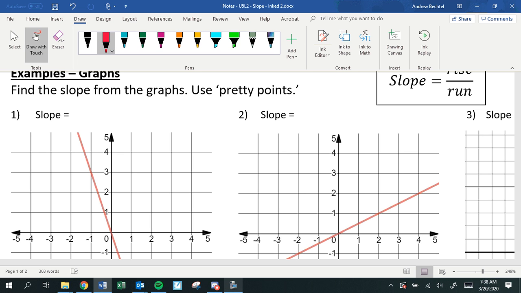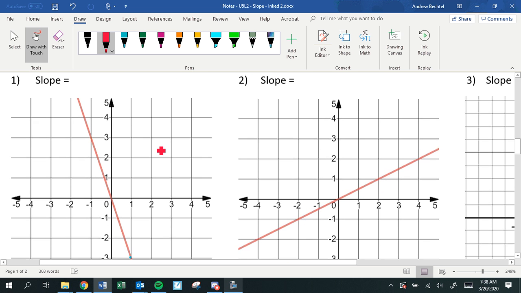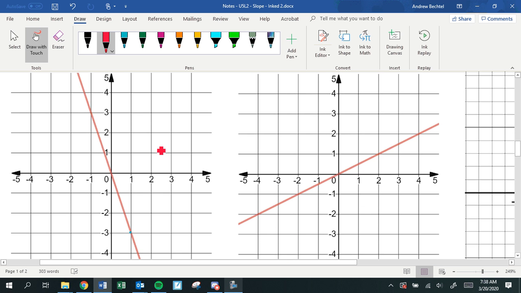We need to use pretty points to find our slope here. So pretty points are just points that are at the corner of a box. Right here in the middle, we see a pretty point right here. It is at the corner of a box. It has 2 lines going through it. All we mean by pretty is that it has a whole number coordinate.